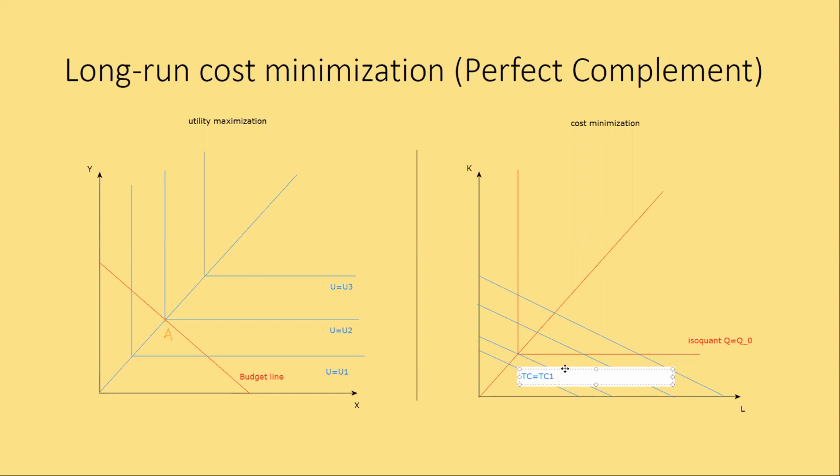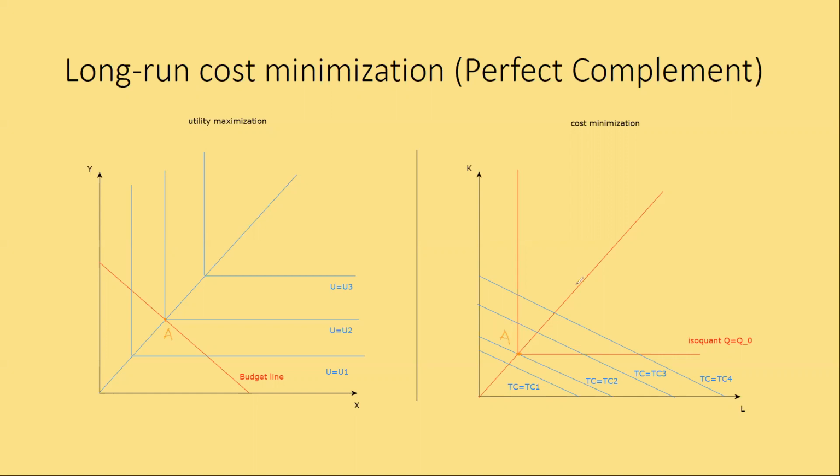TC1 is not the intercept of it. It is what this line is representing.